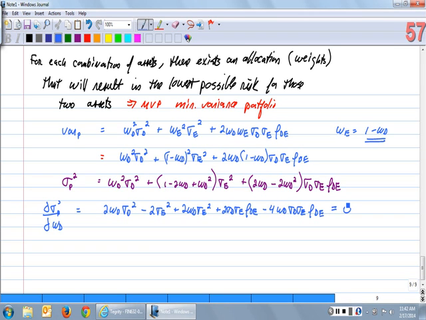Okay. I'm going to get all of my WDs on one side. So I've got 2WD sigma D squared. I'm going to move this term to the other side.